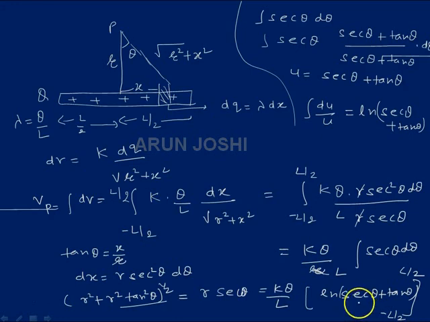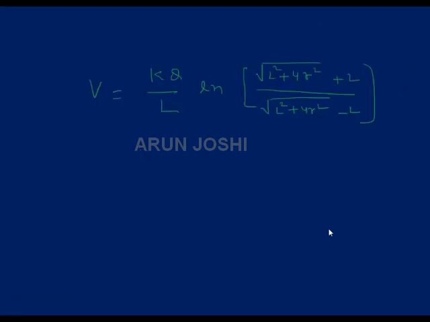One thing you are supposed to know, here it is in sec theta. Sec theta value you can write from here. Tan theta you can write from this triangle. Put the values of minus L by 2 and plus L by 2, and you get the result. So in the next slide I am writing the result. You please solve each and everything very carefully and then check the result. So I think you should get this result.